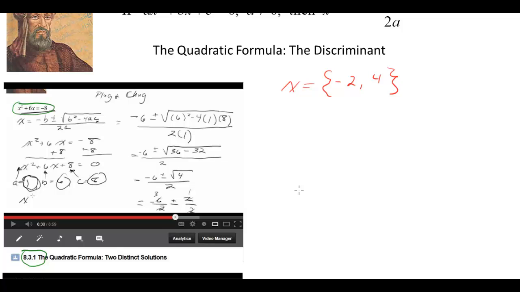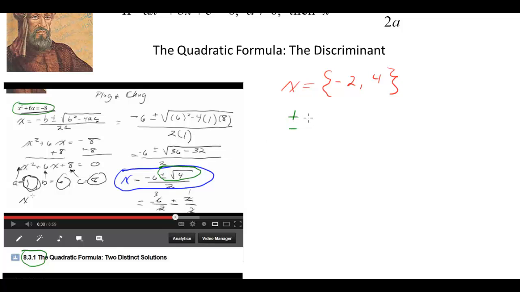But now, because we have the quadratic formula, we can explain why we got two solutions. We look at this particular instance, and we discover that the reason is hidden in this radical.